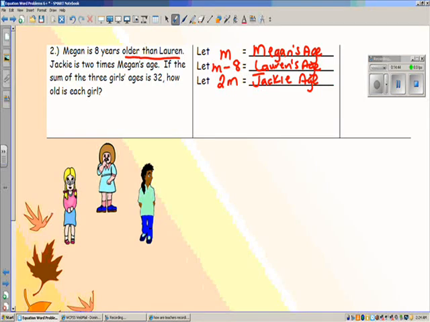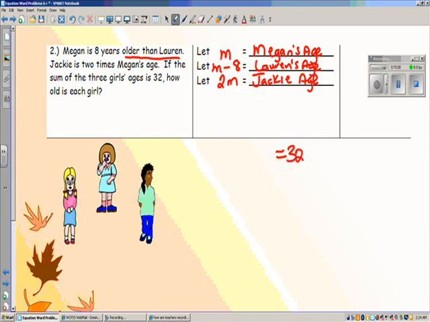Okay, so the next part of our problem says if the sum of the three girls' ages is 32, we want to know how old is each girl. So we have three answers here. We need Megan's age, Lauren's age, and Jackie's age. We know that altogether their ages equal 32.